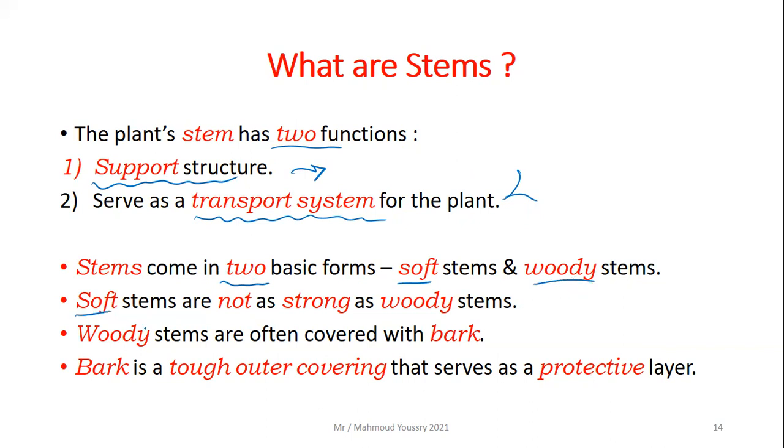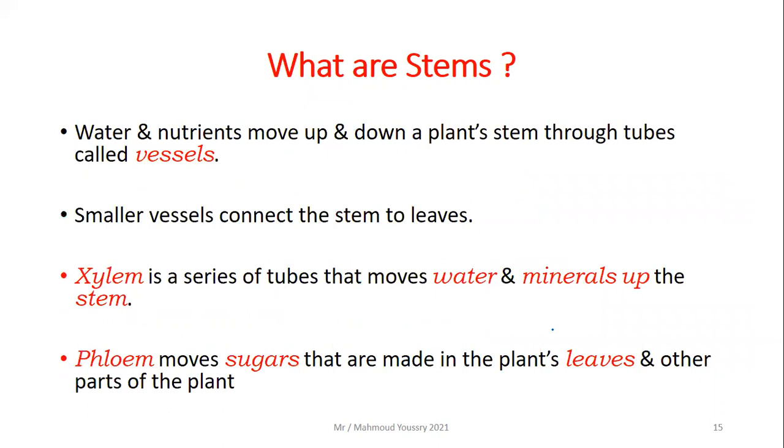The soft stems are not as strong as the woody stems, for sure. Woody stems are often covered with bark, which is the tough outer covering that serves as a protective layer for the tree. The water and the nutrients move up and down the plant through the stem, through tubes called vessels. Smaller vessels connect the stem to the leaves.